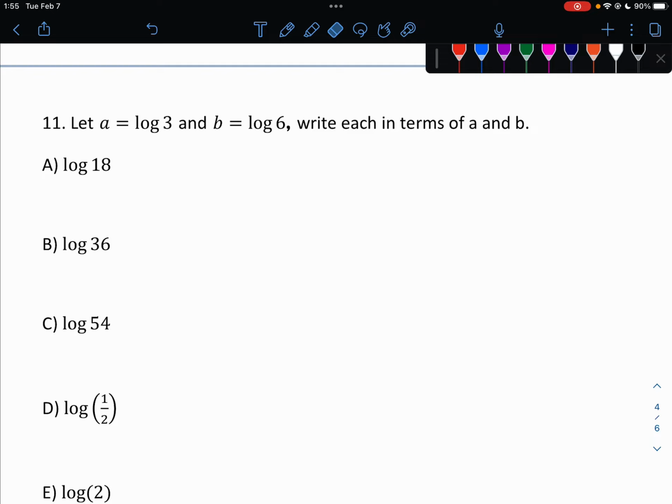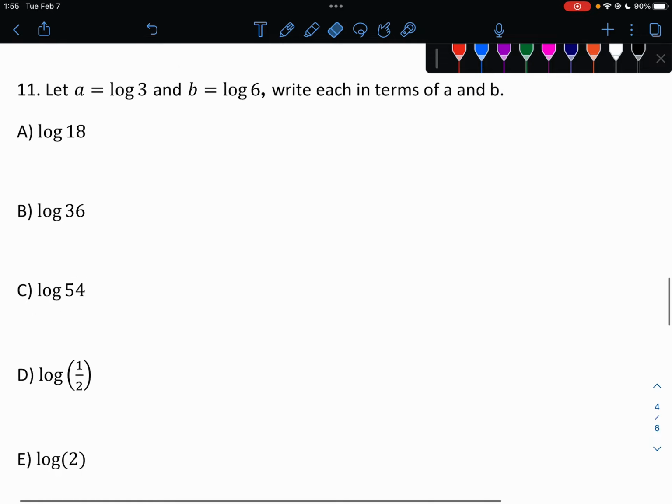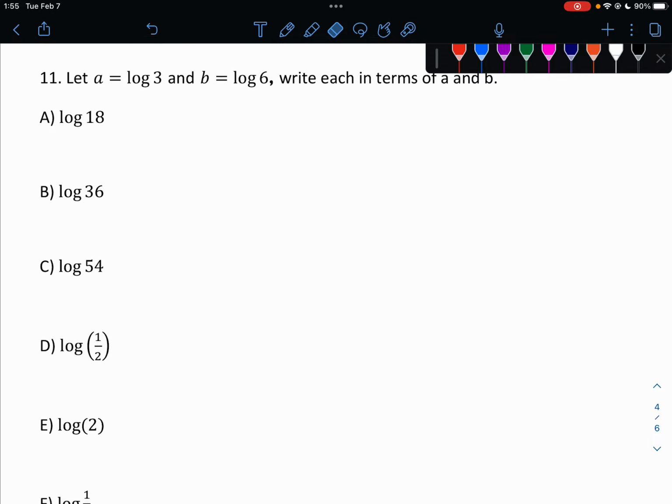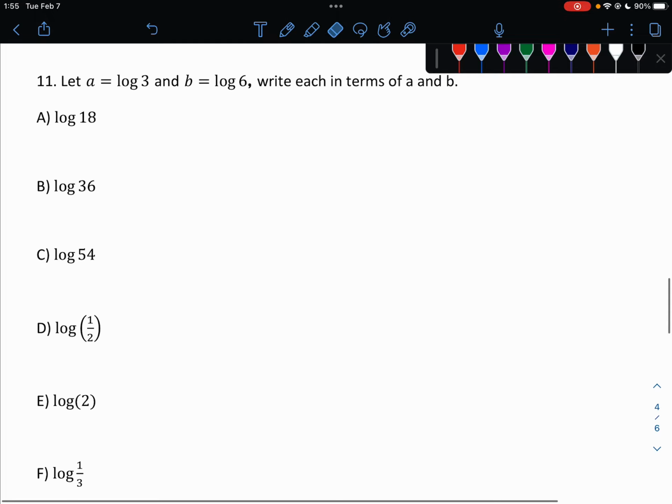Number 11. Let A equal log 3 and B equal log 6. Write each in terms of A and B. So we're going to use our rules here that we've just been using to first split this up.